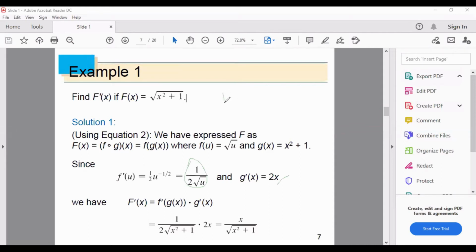Let's take another example. When we choose f of x equals 2x plus 3 to the 7, just an example. What is its derivative?